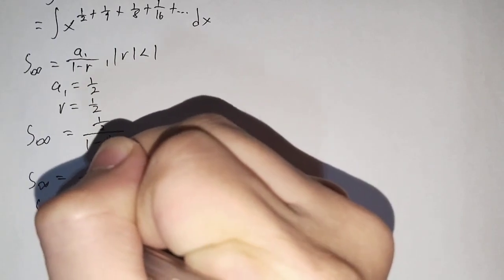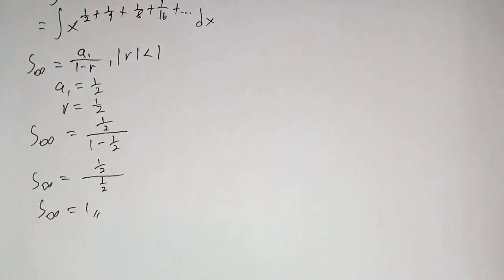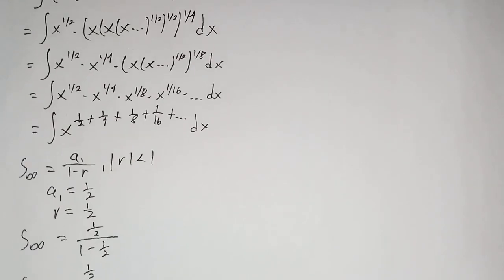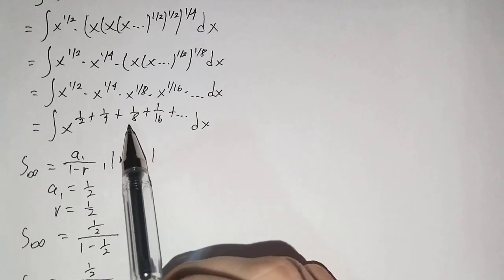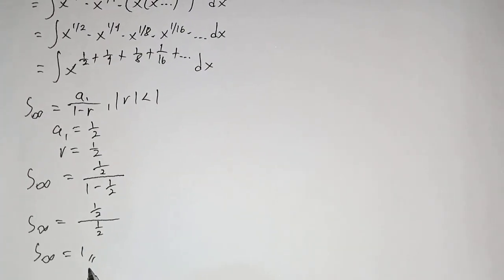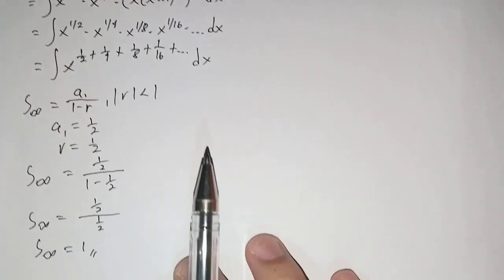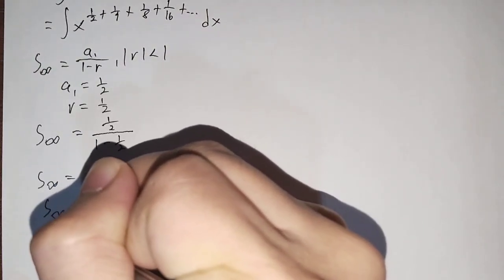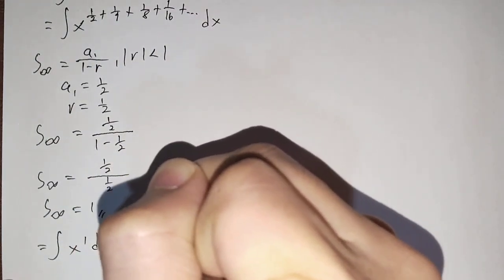So we would get that the infinite series is just 1. Now, this means that the infinite series that we have here is equal to 1 as we've calculated. So we can rewrite this integral as the integral of x raised to 1 dx.